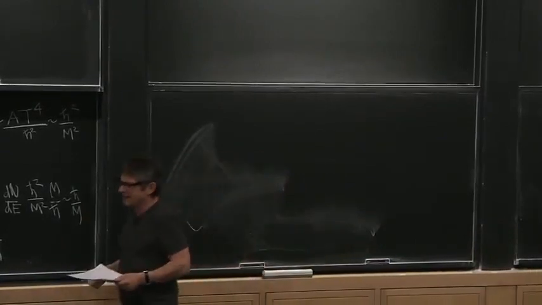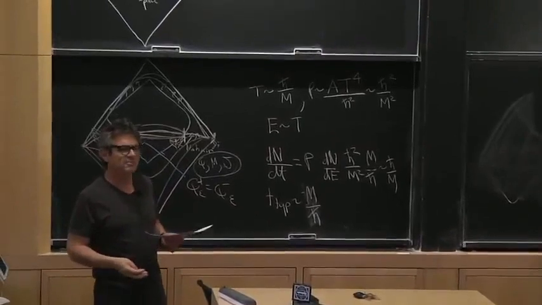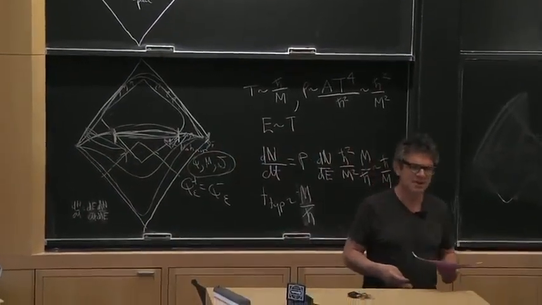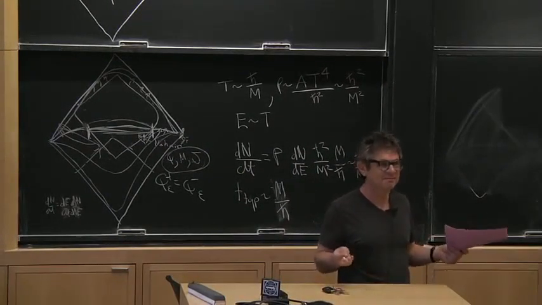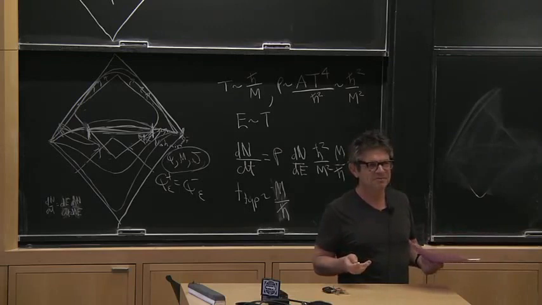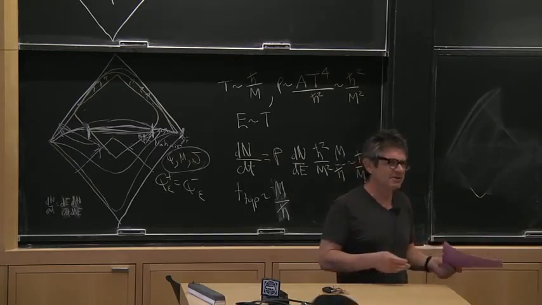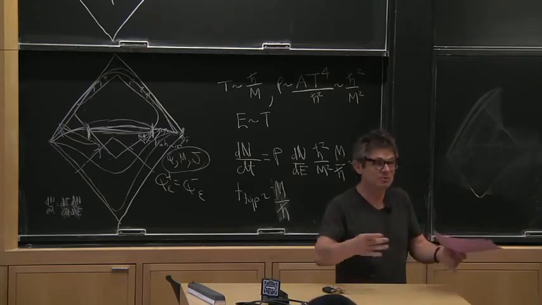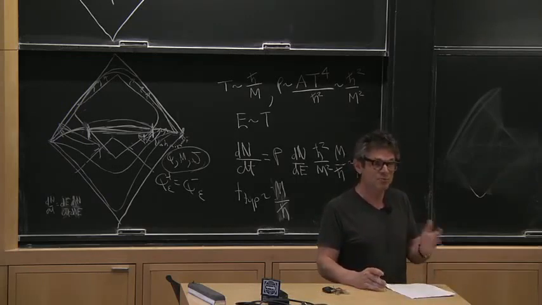A different version of that question that I've been asked is, symmetries imply conservation laws only if you have unitarity. So I'm also assuming unitarity, right? I'm not trying to prove unitarity.